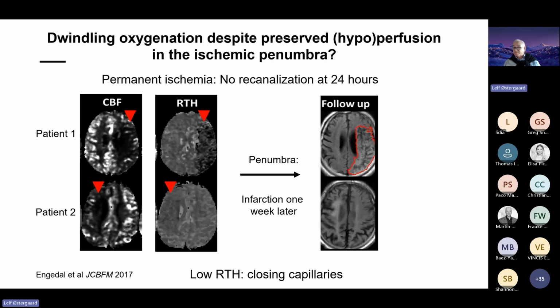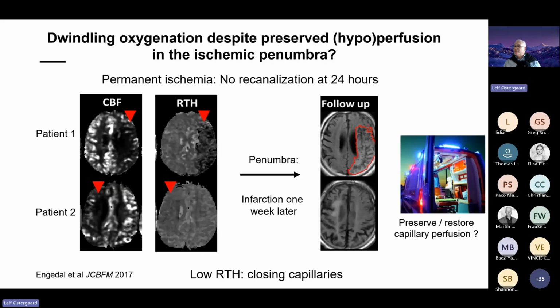That means that the topmost patient may have had dwindling oxygenation in that penumbra, whereas the lower one has had a reduction in oxygenation and blood flow also constant, but because capillaries remained open, cells could sustain that level of reduced oxygen availability. So this is for patients who cannot be recanalized.